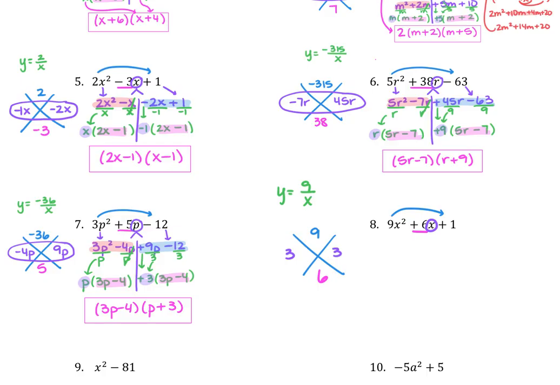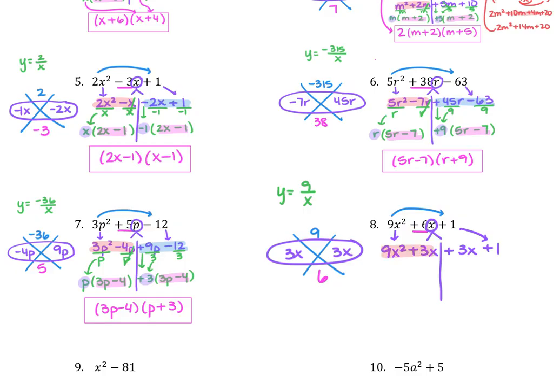Remember, I tack on the x to both, and I'm going to split my b term into positive 3x and positive 3x. Drop down my a term of 9x squared, drop down my c term of positive 1. Split this into 2. Look at my first binomial.